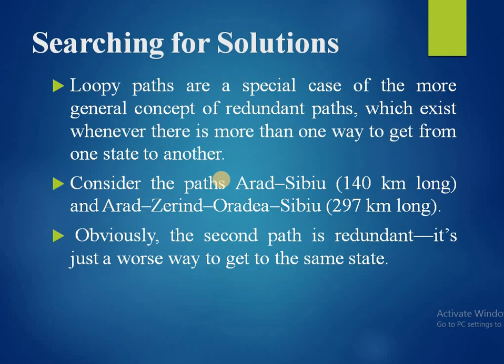Loopy paths are a special case of the more general concept of redundant paths, which exist whenever there is more than one way to get from one state to another. Now consider the paths Arad to CBU, which is 140 km long, and Arad to Zernit to Oradea to CBU, which is 297 km long.